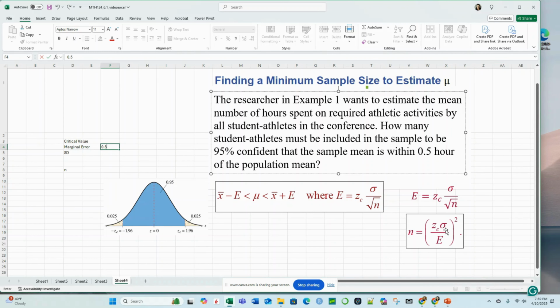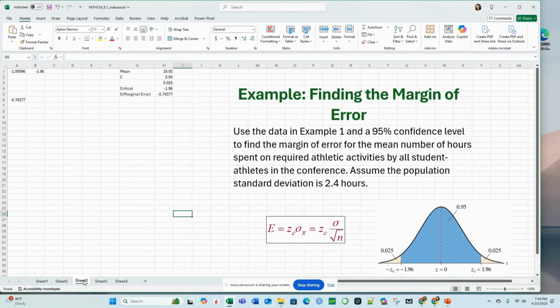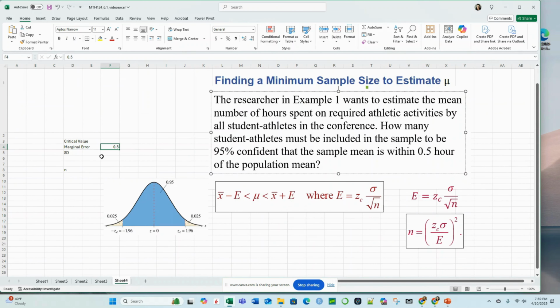So here the standard deviation, we know from previously it's given: assume the population standard deviation is 2.4. So I will enter here 2.4 as the population standard deviation. In critical value, we have to find the critical value.